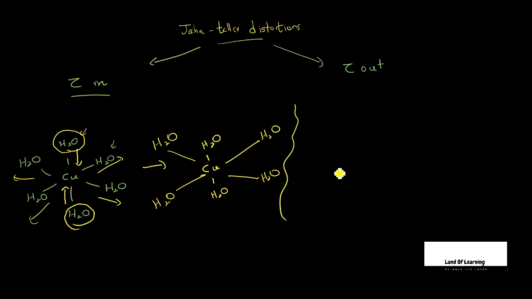So now you can have the idea about the Z out case. When copper is there, now the opposite thing happens, right? These two ligands go outwards. Due to this, the repulsions between these ligands and the other 4 ligands are decreased. So these 4 ligands are going to come towards the metal center.